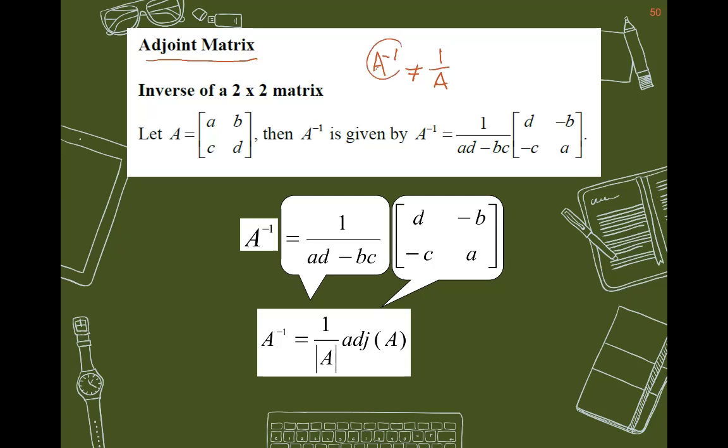So A inverse is given by 1 over AD minus BC multiplied with, we exchange A and D and we include a negative sign in front of B and C. So this will give us the inverse of a 2 times 2 matrix. 1 over AD minus BC here is actually the determinant of A, and exchanging D and A and introducing the negative sign is actually adjoint A.